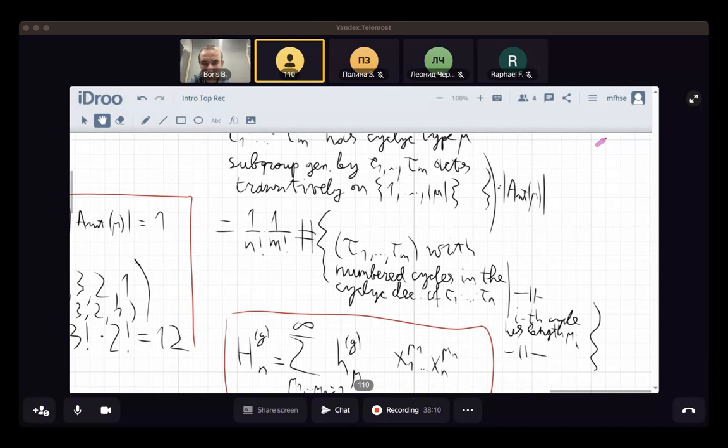So we have the Riemann sphere, and we have ramified coverings by genus G surface of this Riemann sphere.